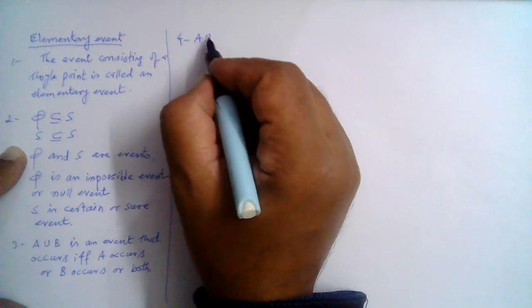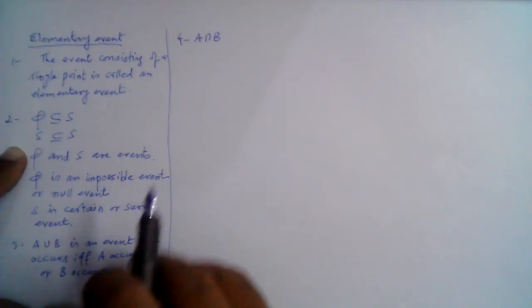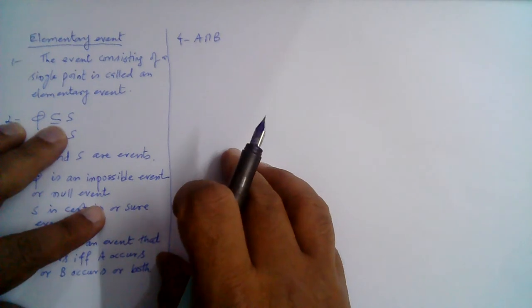Likewise, if there is an event A and there is an event B, and we consider their intersection A intersection B, then it is also an event.